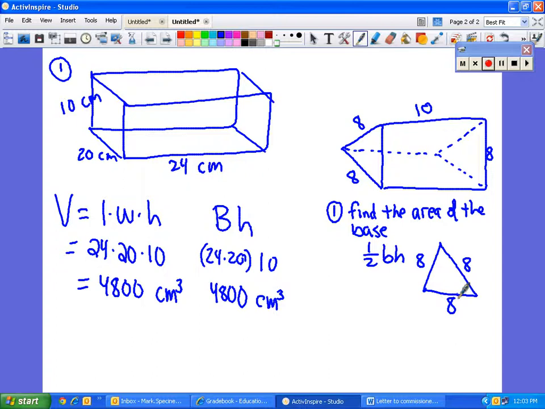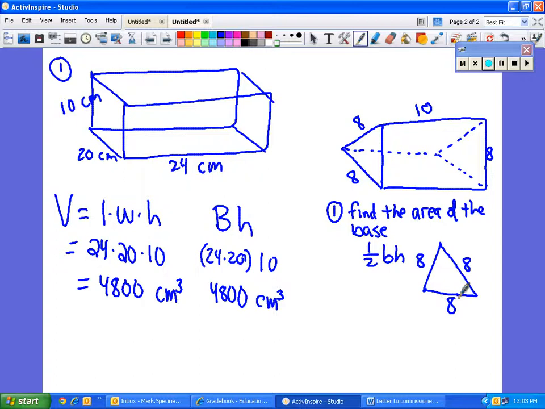Okay? Because remember, these are going to be the same. So if this side is 8 on the right, then the 8 on the left is going to be the same. Now, what kind of triangle is that? An equilateral triangle, which means that each angle is how many degrees? 60.